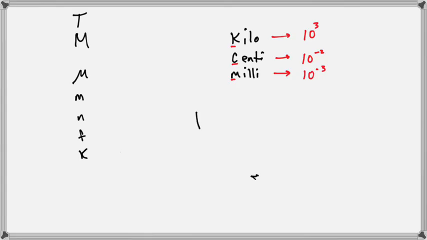If I look at 1 kilogram, what does that equal? Okay, 1,000 grams, I'm actually going to say no, I don't want that. It says 1, and then what does kilo mean? Times 10 to the third grams.